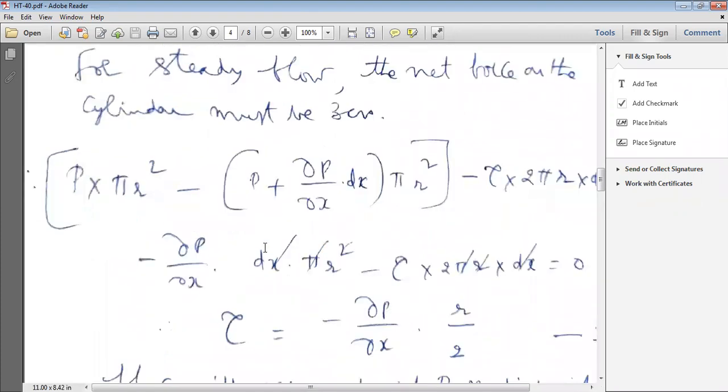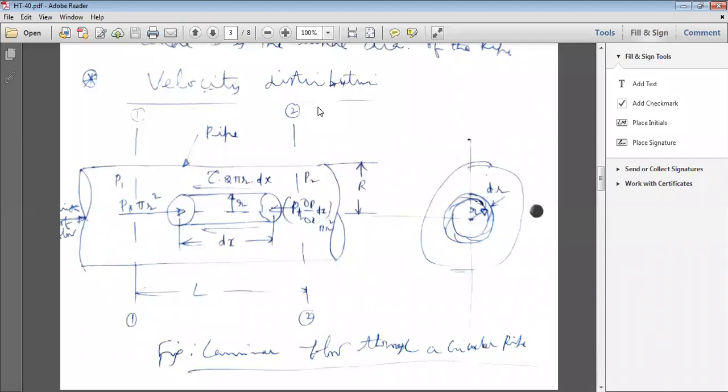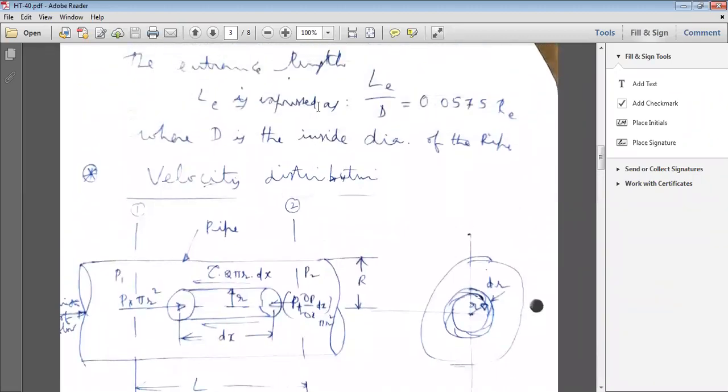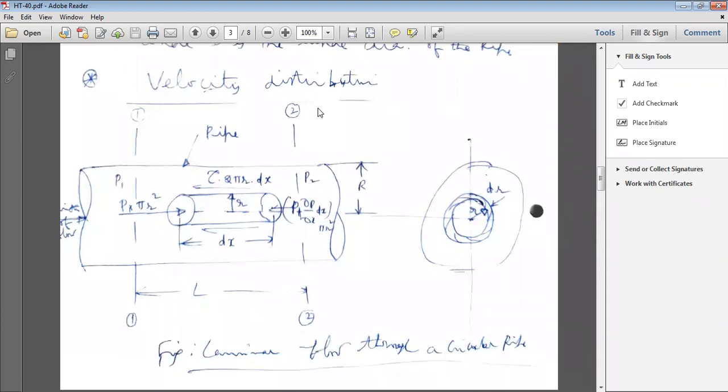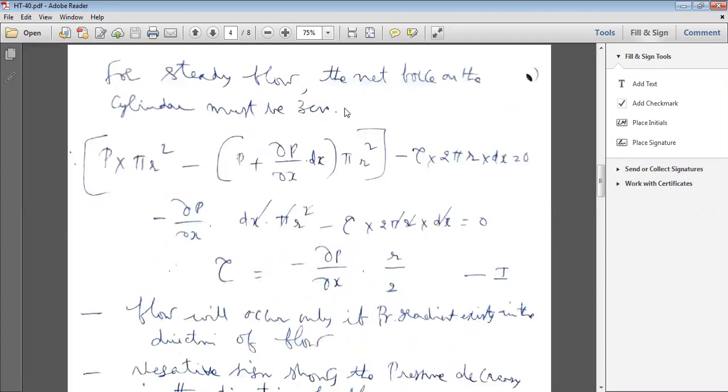So for steady flow, the net force on the cylinder must be equated to 0.